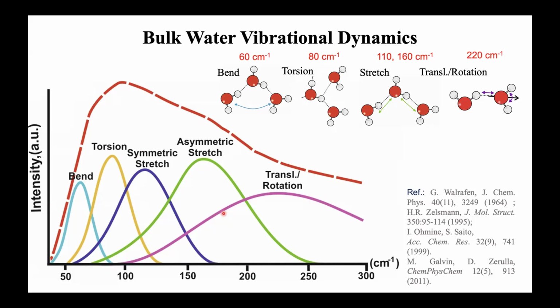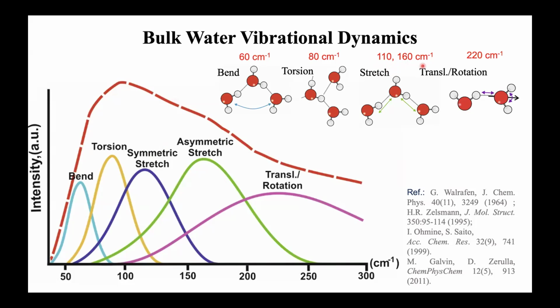This includes the modes associated with the hydrogen bond bending near 60 inverse centimeters, and hydrogen bond stretching, including both symmetrical and asymmetrical stretch, with frequencies around 110 and 160 inverse centimeters.